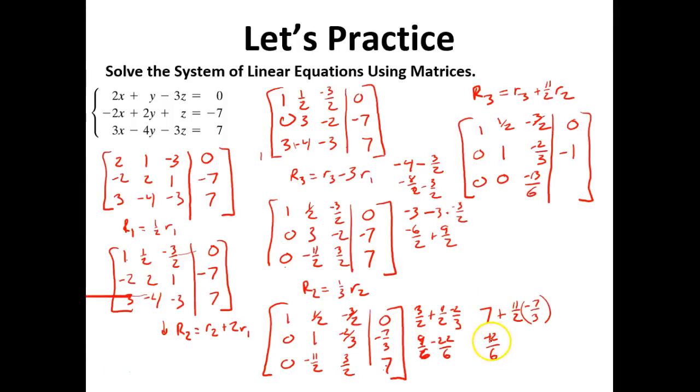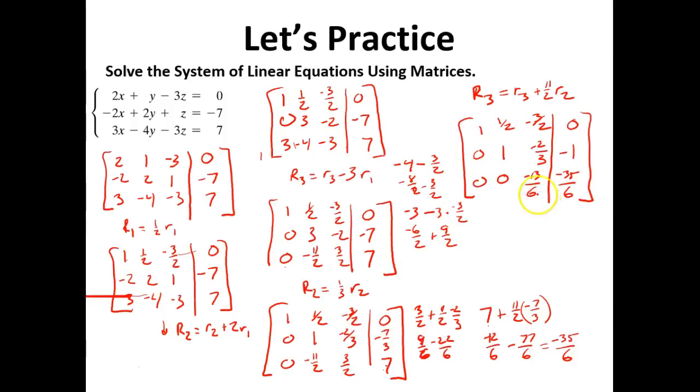That would be 6 times 7 is 42. Correct? Yes, I got to double check now even my simple math. Minus 77 over 6. Well, this is going to be -35 over 6, and that's what I get right here, -35 over 6, like that.